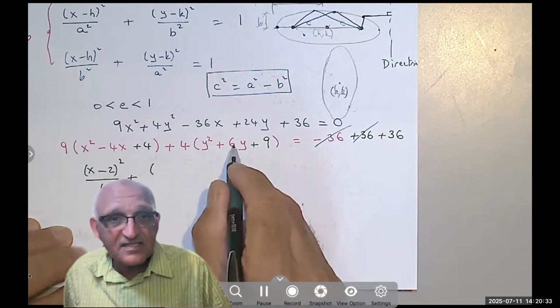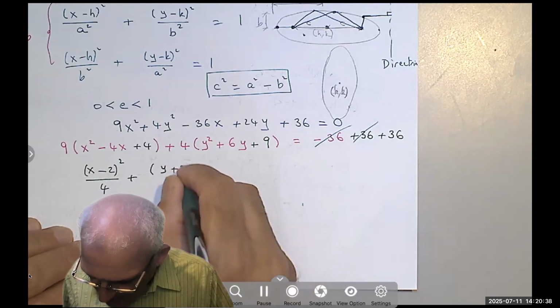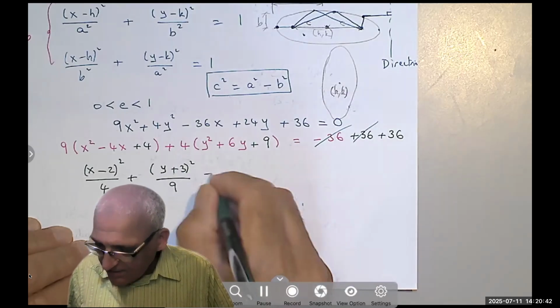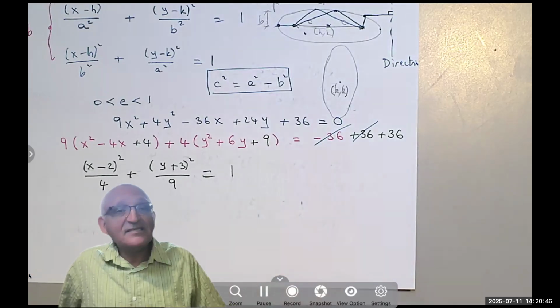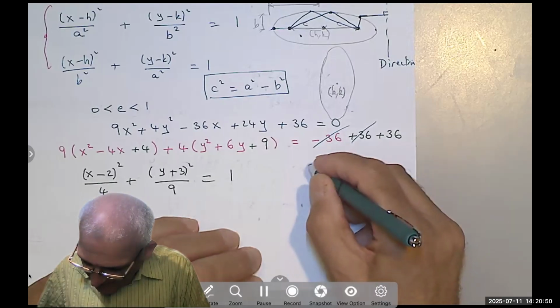When we divide the positive 6 by 2, we got plus 3. So y plus 3 squared. When I divide by 36, I get over 9. Right-hand side, when I divide by 36, I get 1.